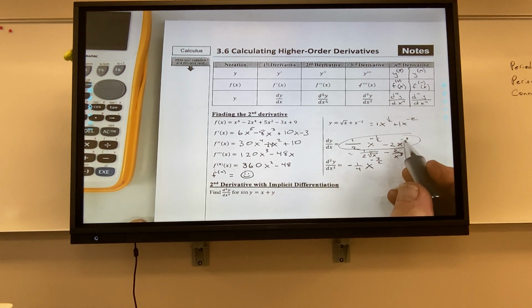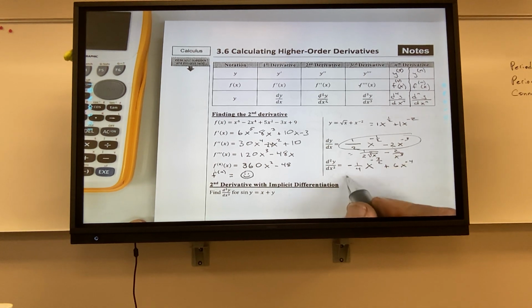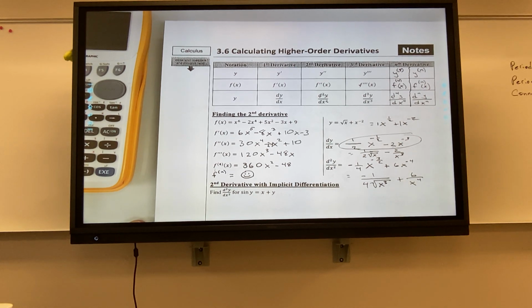And you're gonna take a negative 3 times a negative 2, and it's gonna give you a 6. What's 6, x to the negative 4th. Right, and so we can write this as negative 1 over 4 square root of x cubed plus 6 over x to the 4th, correct?